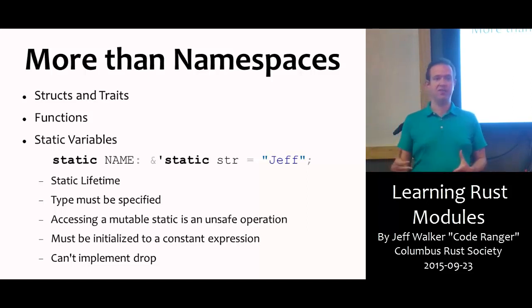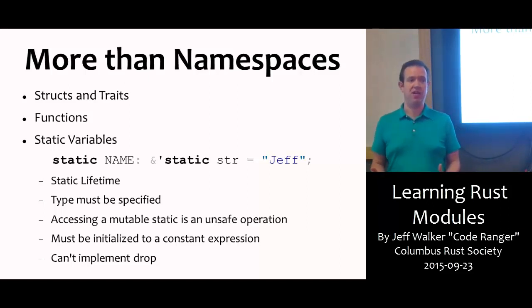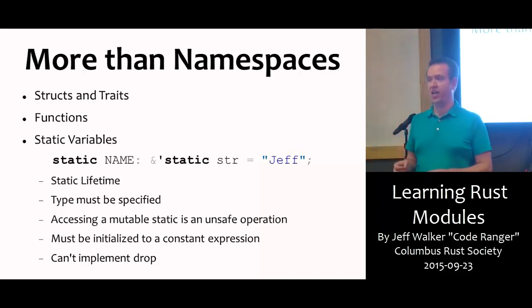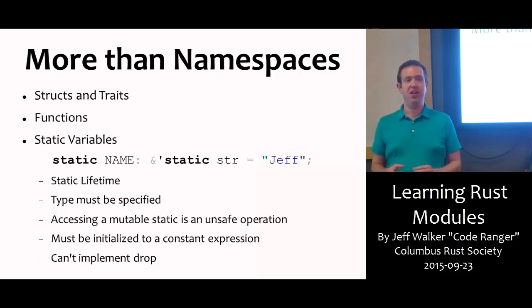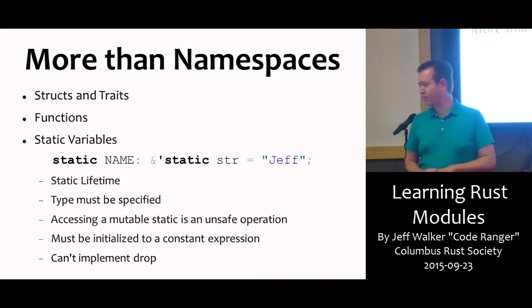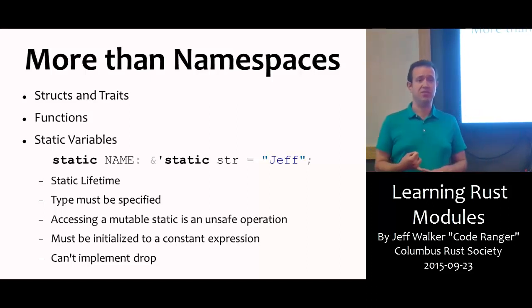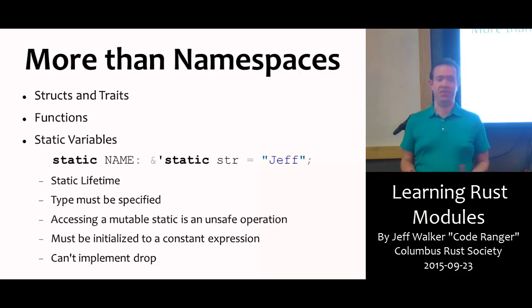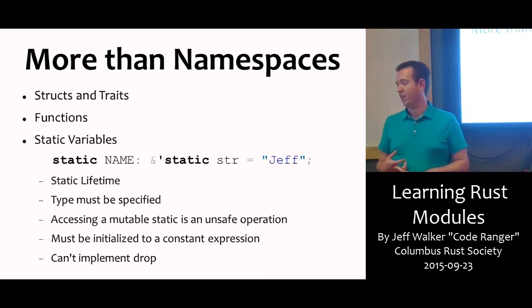Most lifetime names are just whatever you're picking, right? The static lifetime is actually a name that the compiler has pre-declared, and that means that this will live from the beginning of the program until the end of the program. The type must always be specified. With a let statement, you can have the type be inferred and be implicit. With static, you have to spell out the type name.